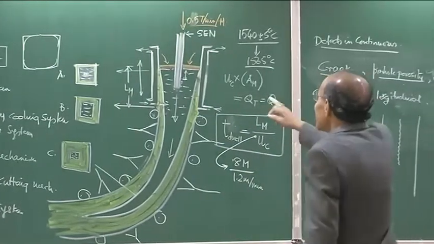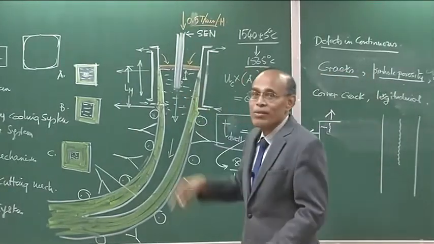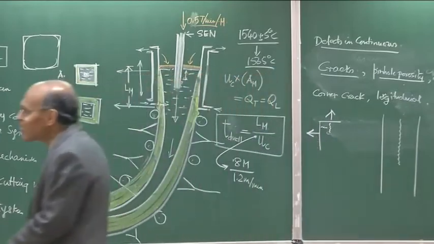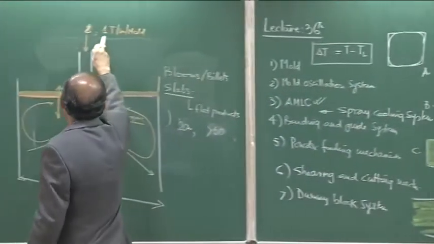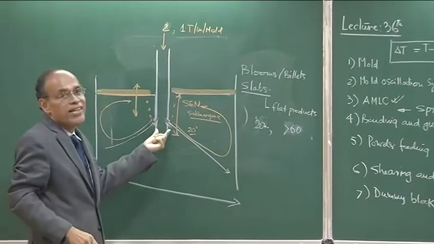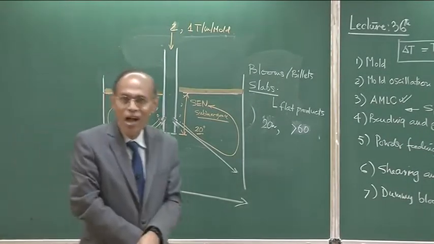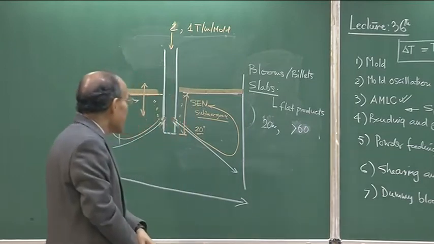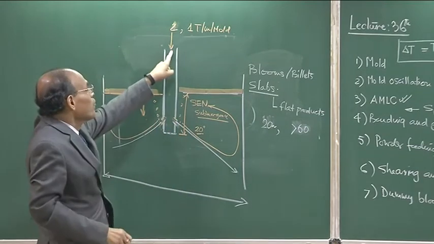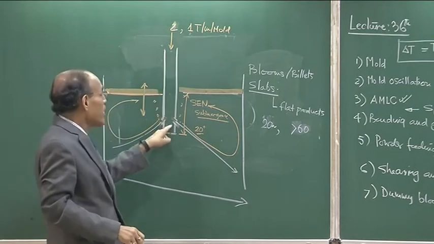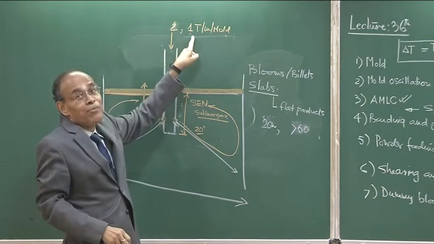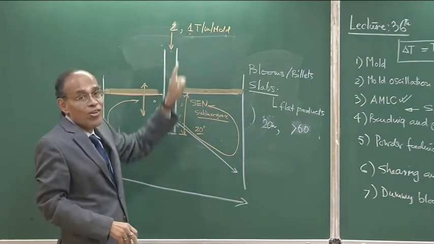So, the stirring here is not quite adequate in the bloom casting system. On the other hand, in the slab caster, because the flow rate is high and the SEN dimensions are not drastically different, the velocities are going to be really very high. So, we cannot reduce the velocity, because the moment we reduce the velocity here, the throughput rate has to be reduced and the plant productivity will go down, but that is not desirable.